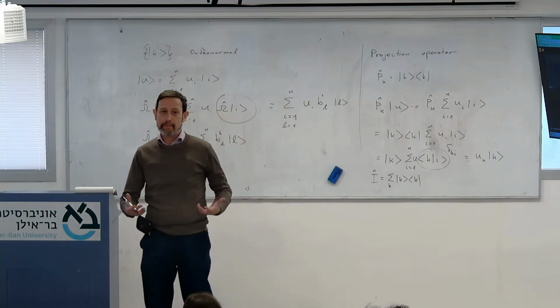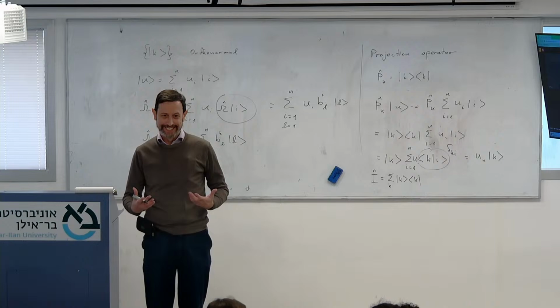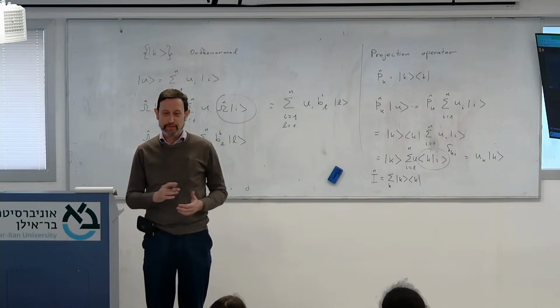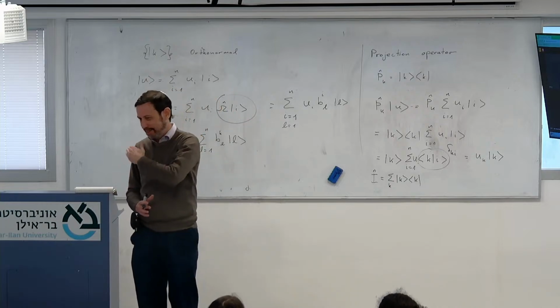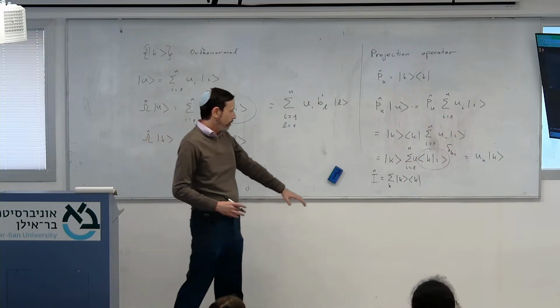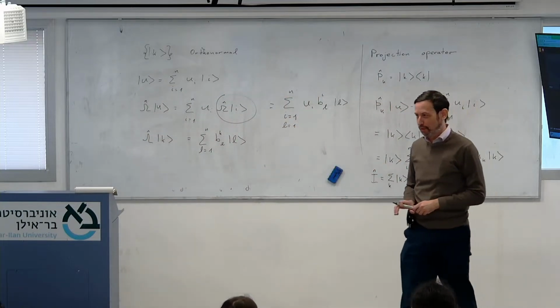If I sum up all the projection operators of a basis, I end up with the same vector, because I take one component plus the next one, plus the next one, and so on. Write it down just as an exercise to prove the statement to yourself.